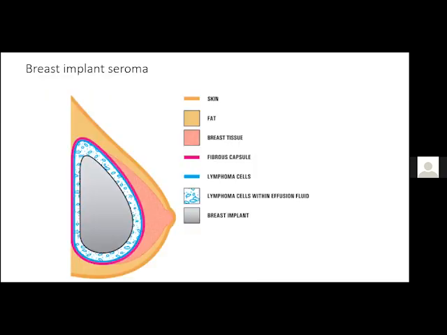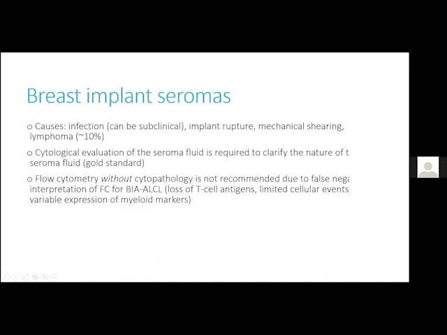Okay. So this diagram shows where the effusion occurs. This gray shaded area is the breast implant, and the pink area is the fibrous capsule, and the seroma forms between the capsule and the surface of the implant. Now, only about 10% in many studies of breast implant seromas are due to associated lymphoma.